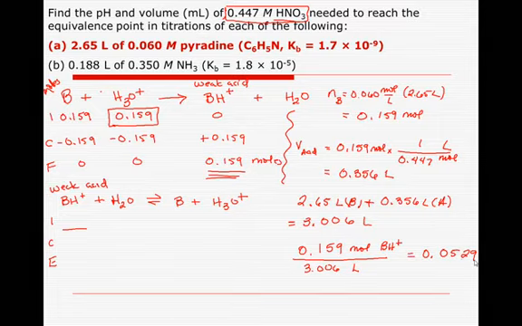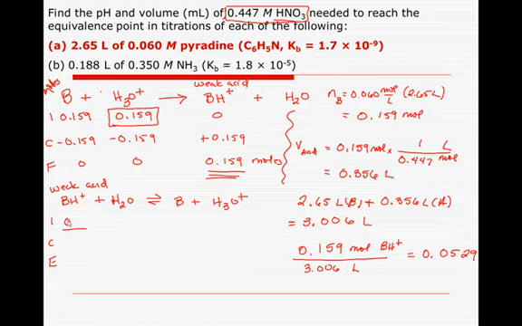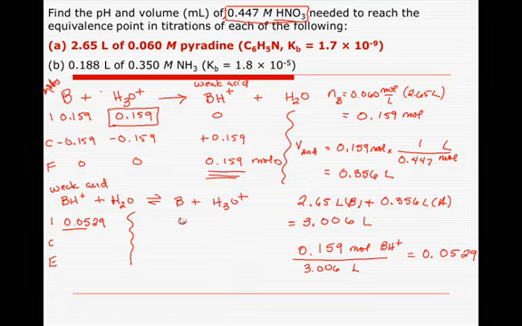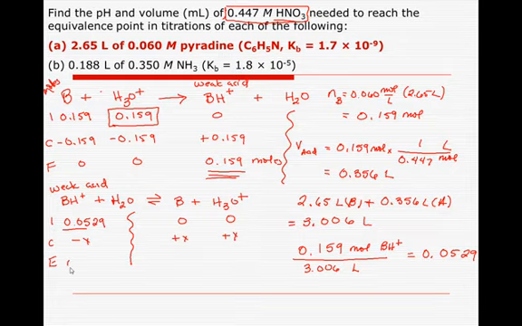Okay, so now I can plug that into my table. 0.0529. Don't care about the water. Before the reaction takes place, these are 0. I use up some of this guy. I produce these. I'm left with 0.0529 minus x, and x, and x.